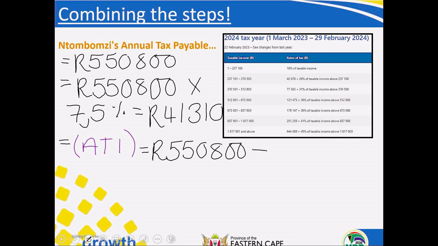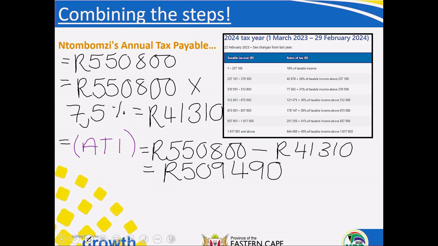Always subtract it with annual pension if the question has provided it. So, you should end up with an annual taxable income for Ntombomzi of 509,490 Rand.